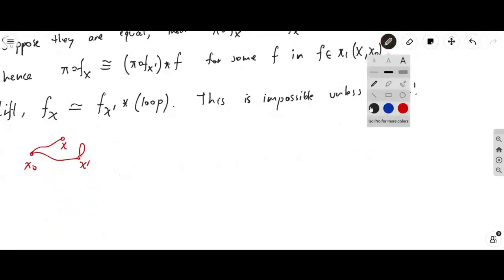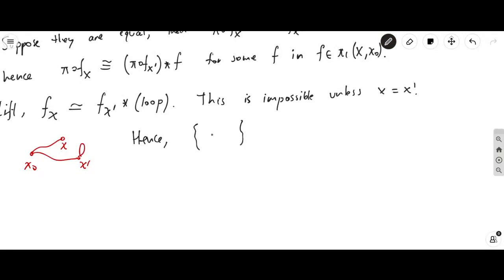So what does this show? Hence, this collection of loops, pi composed fx, as x ranges over the fiber, are all distinct mod the subgroup.